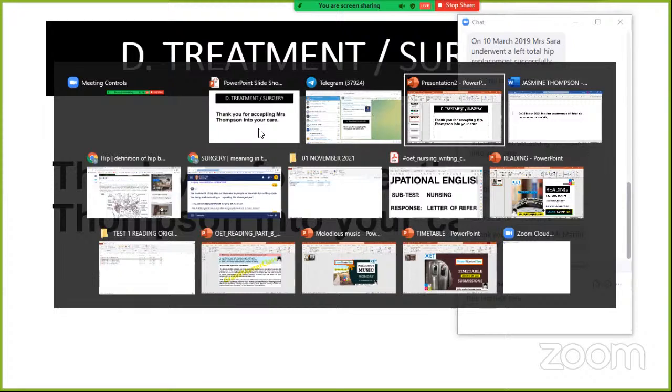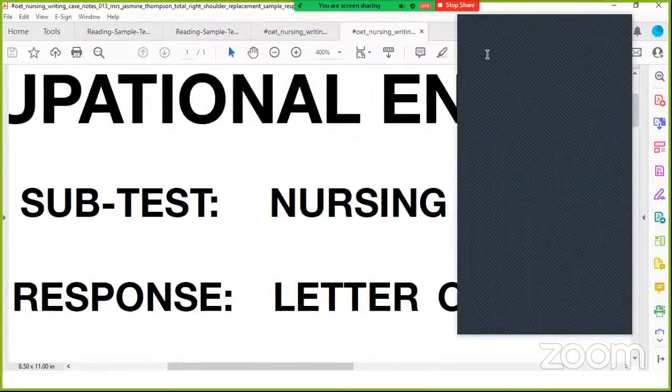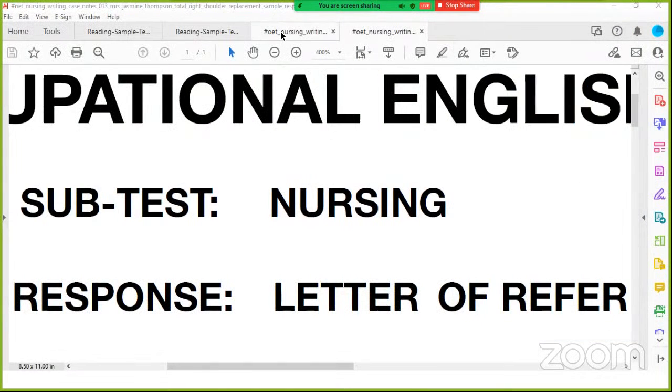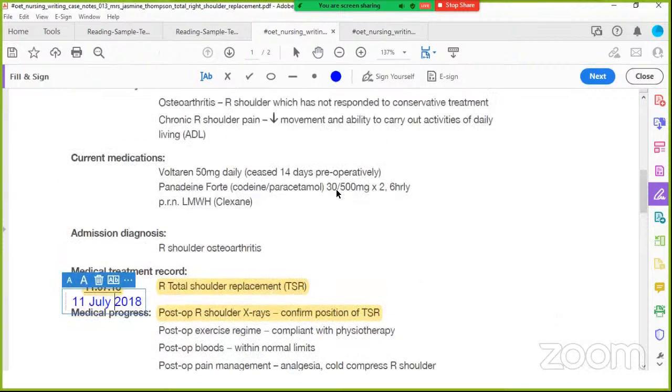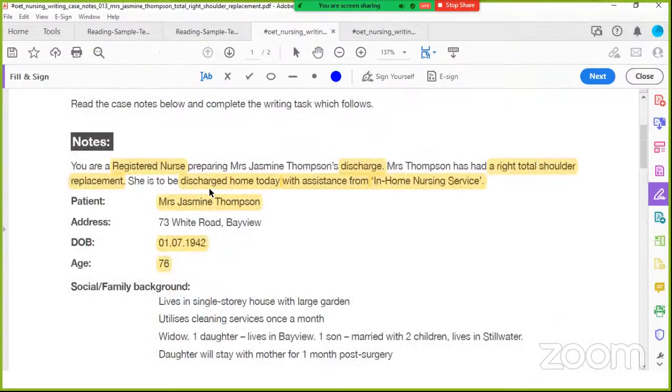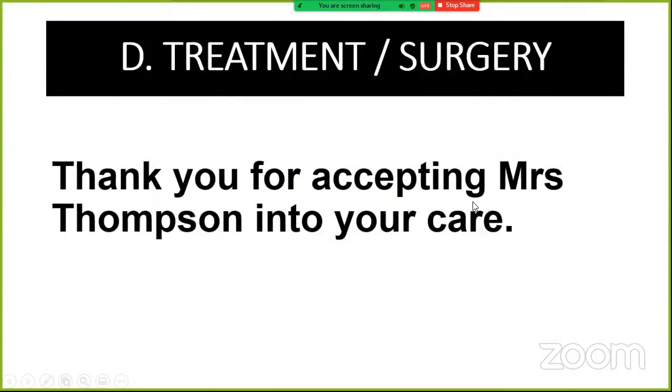Okay, that's fine. The sentence is fine. But in our case notes, it is not the same. Discharged home today. So not discharged into your care. Here, this Jasmine Thompson. Okay, fine.